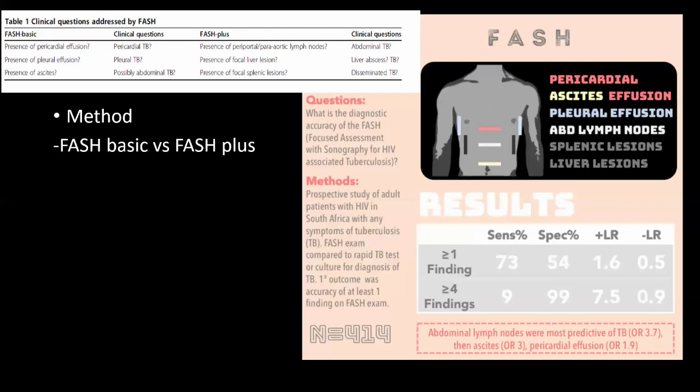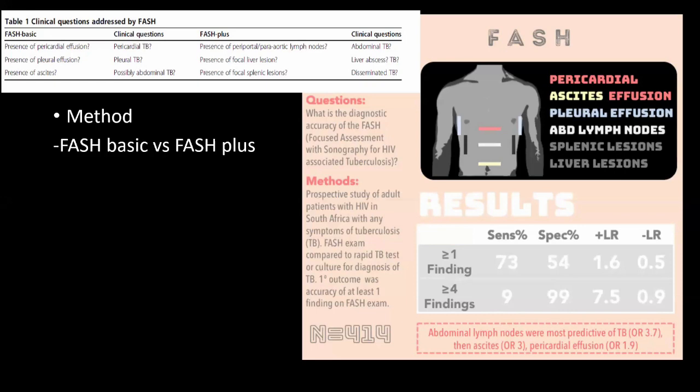So what was the method? They did a prospective study which looked at about 414 adults, so to note, not kids, but adults only. And they looked at the WHO classic 4 symptoms. So the patients were HIV positive with the WHO classic 4 symptoms, and they did FASH exams on these patients.